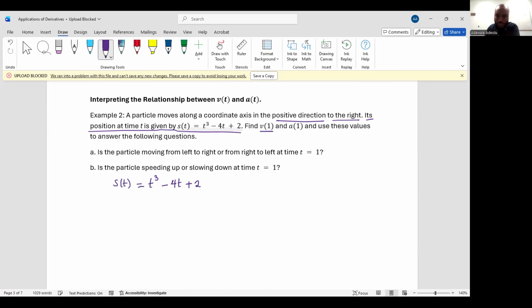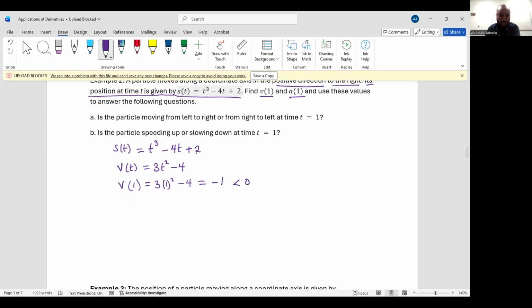We want to find v of 1 and a of 1. So let us quickly find v of t first. Which is 3t squared minus 4. So v of 1 is 3 times 1 squared minus 4. That gives us negative 1. Well, that is less than 0.